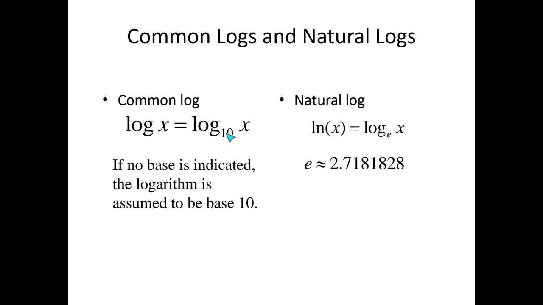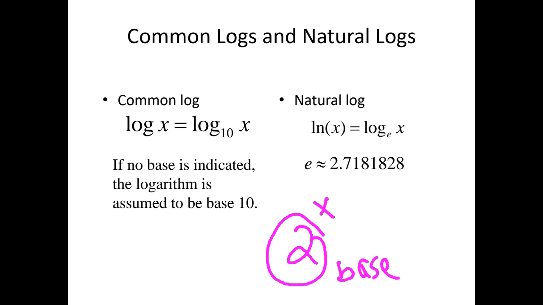So for example, earlier I mentioned that, let me get the pen, we had something like this. So this was your base. In the logarithmic functions, these little numbers are your base. But when it's a common log, you're going to see it without that number.